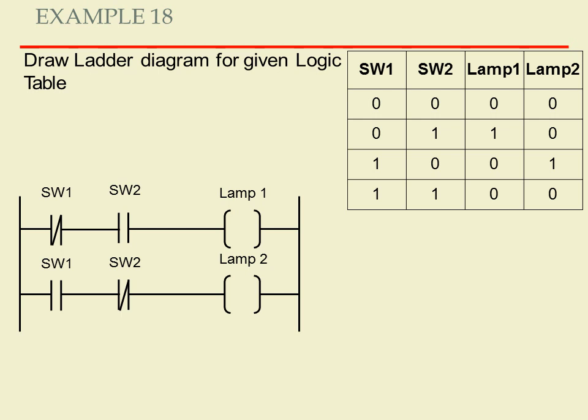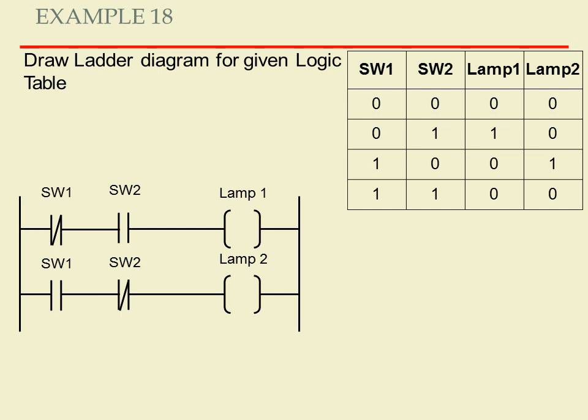If we take switch 1 as a closed contact and switch 2 as an open contact, we will get this logic in rung 1. Then in the next rung, see the columns switch 1, switch 2 and lamp 2 from the table. When the inputs are 0 0, output should be 0. When the inputs are 0 and 1, the output is 0.